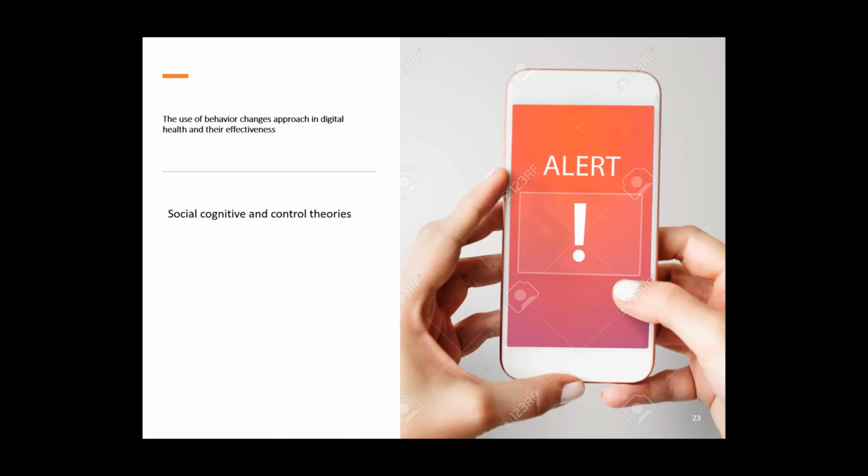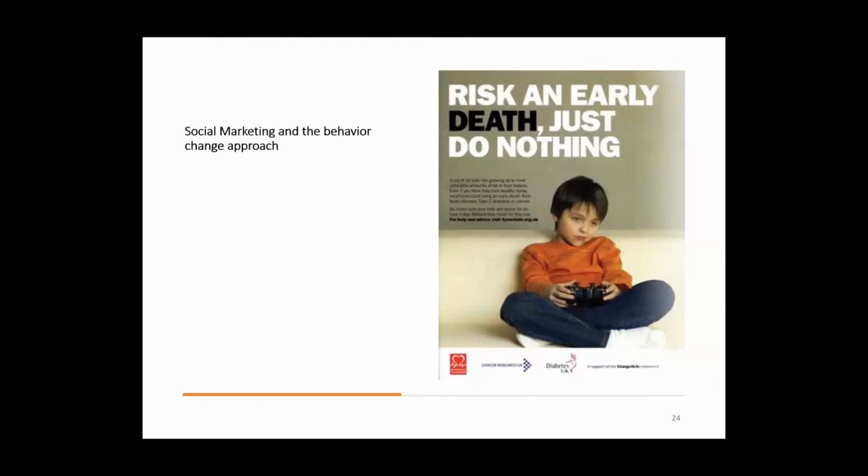So when you send feedback to the user, that helps them improve their performance, or maybe they track their performance and reconsider adopting a healthy lifestyle.